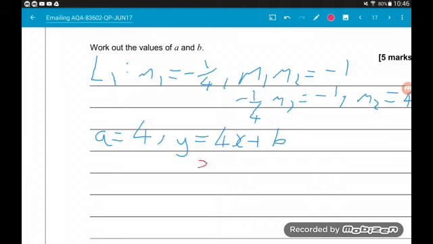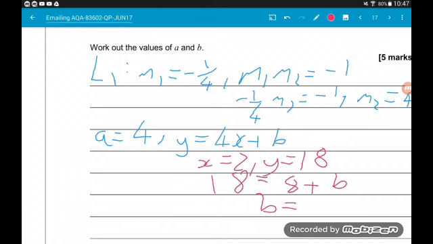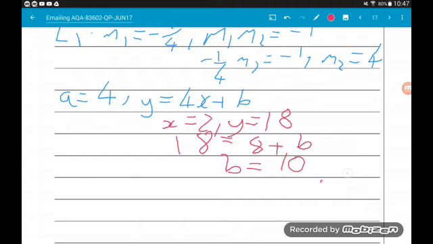So we now know when x equals 2, y is equal to 18. So if we substitute that in, we get 18 equals 4 times 2, which is 8, plus b, take away the 8, we get b is equal to 10. There we go, guys. Job done.